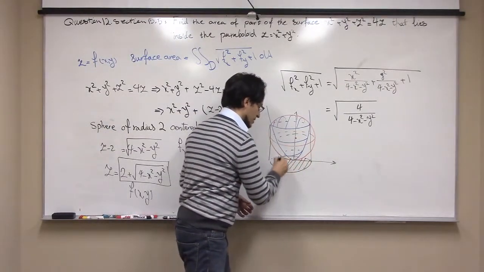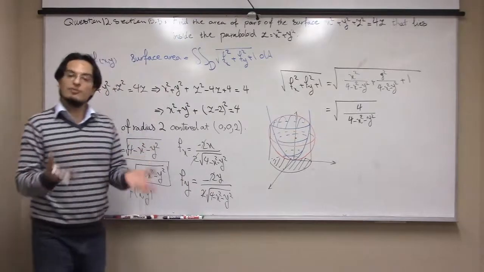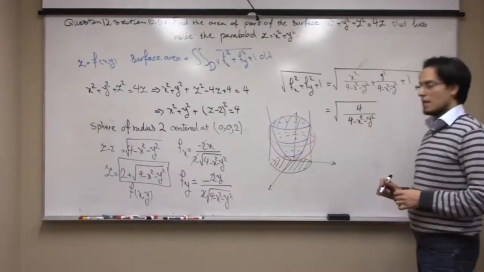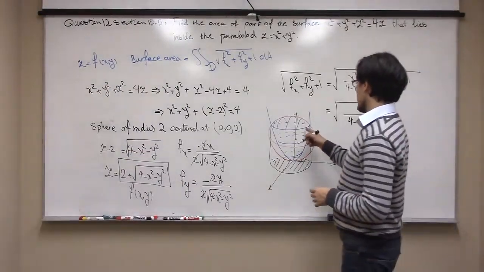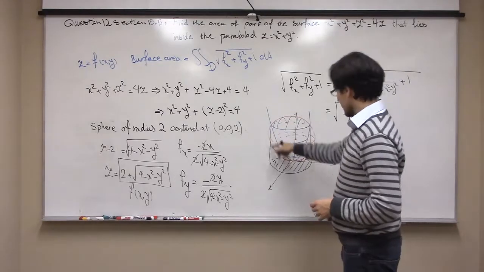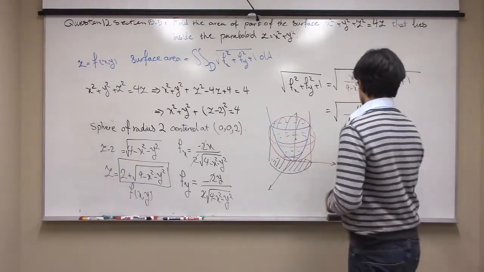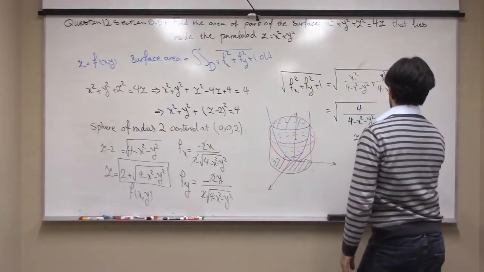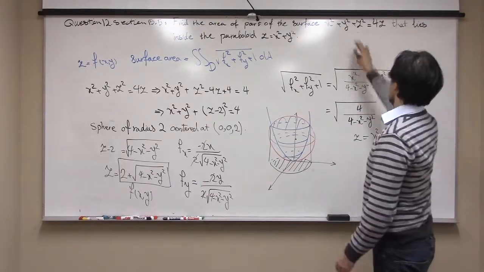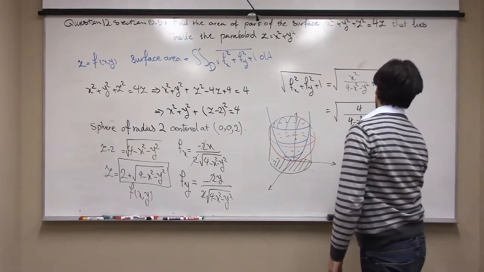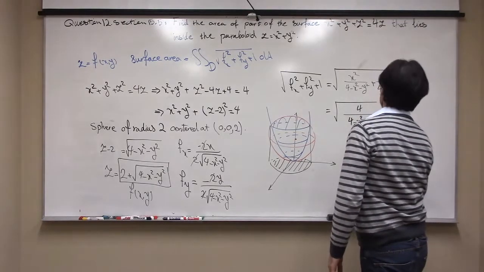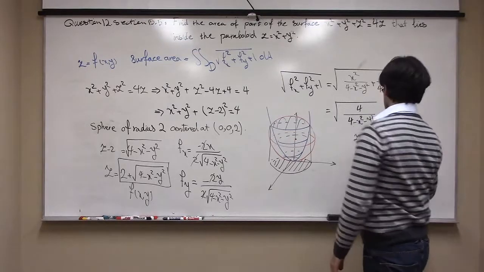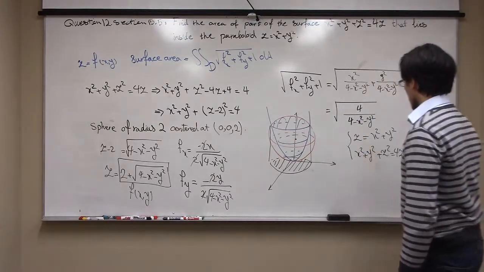So I have to find the intersection of this sphere and paraboloid. The equations are given here: this one, and x squared plus y squared plus z squared equals 4z.